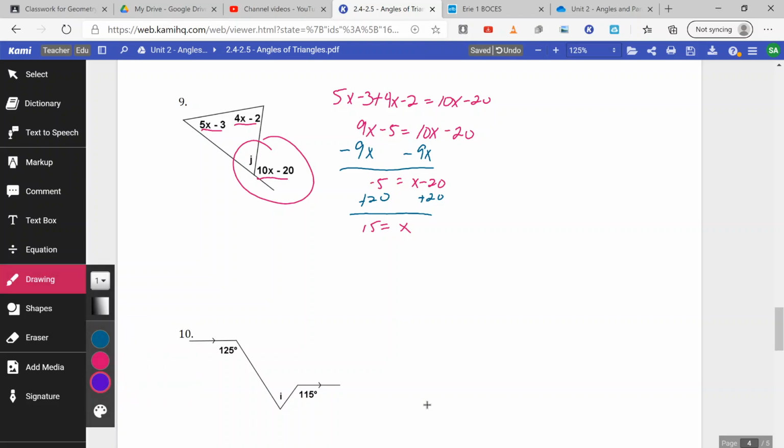And we know that j plus 10x minus 20 is equal to 180. So j plus 10 times 15 minus 20 is 180. 10 times 15 is 150.